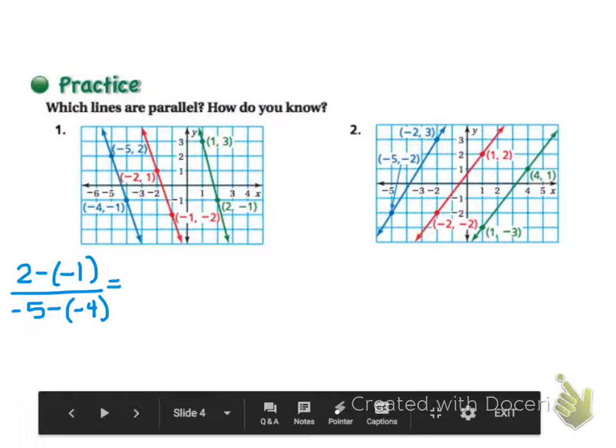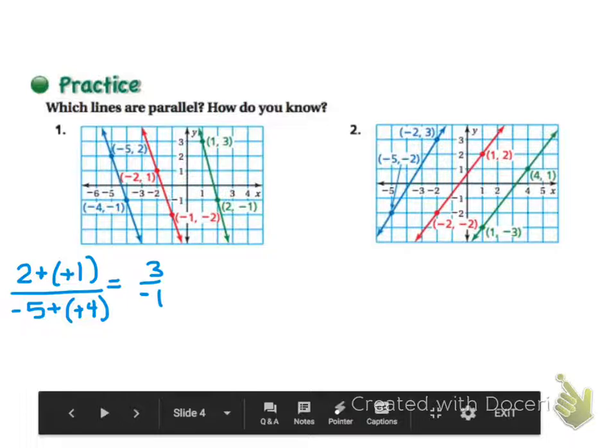And so 2 minus a negative, which is like 2 plus 1, or 3. And negative 5 minus 4, which is like negative 5 plus 4, which is negative 1.